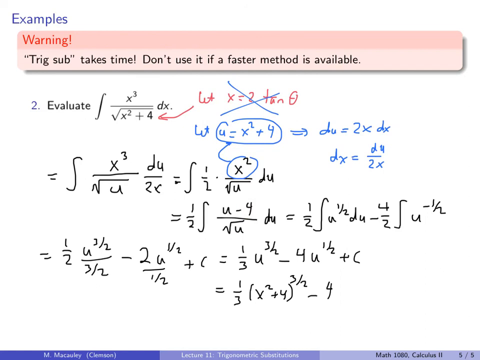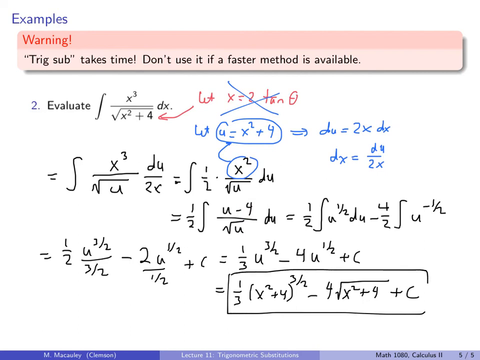Minus 4 root x squared plus 4 plus c. And there is our answer, which was not at all obvious that U-substitution was going to work, but we tried it and it did, and fortunately we avoided trig sub.